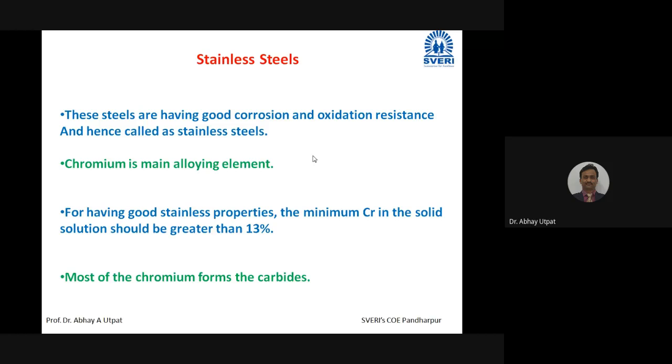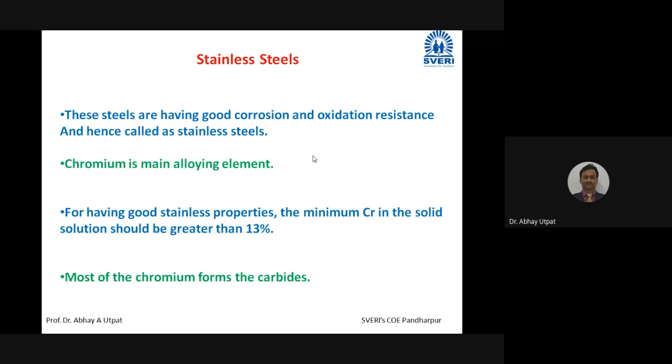And that element here, which is playing the key role, is chromium. So that's why we can say chromium is the main alloying element. And what is the next requirement? It doesn't mean that you have chromium and then your steel will become corrosion resistant and stainless. Some requirements are there. So you must fulfill that requirements.